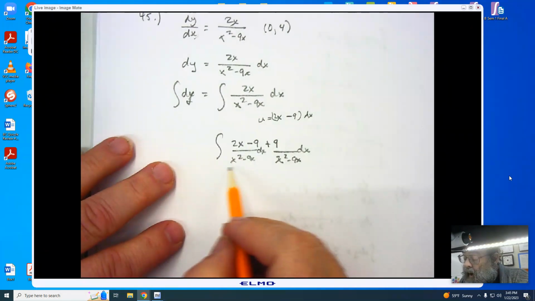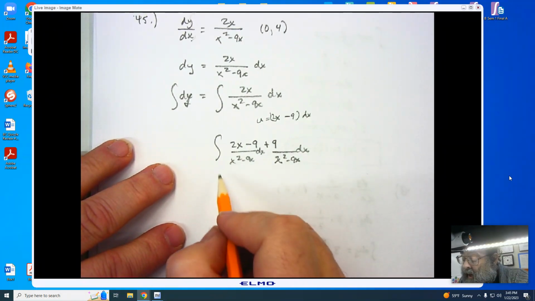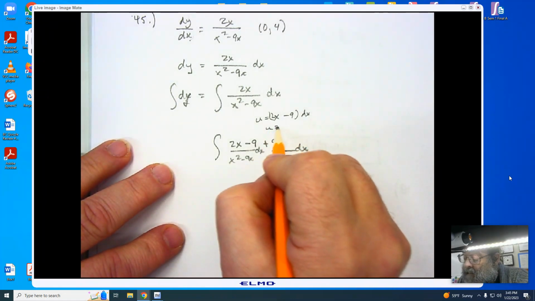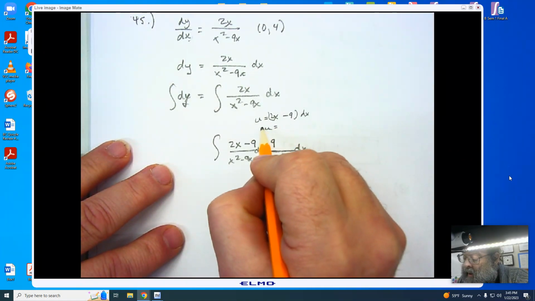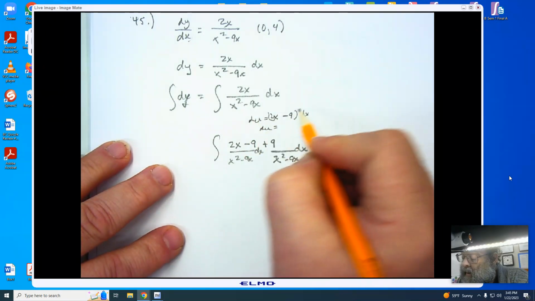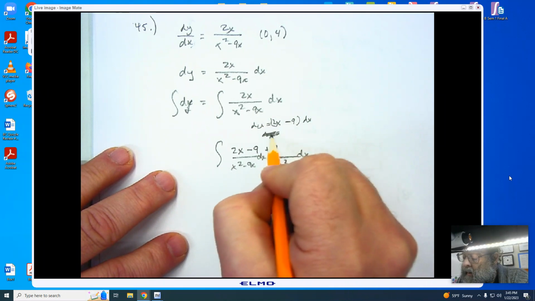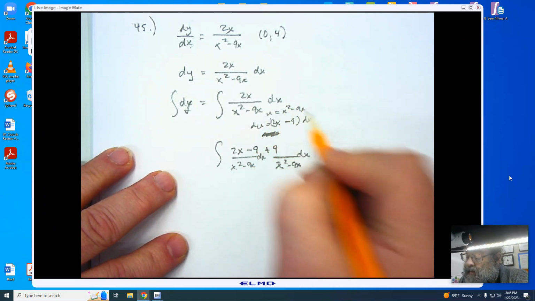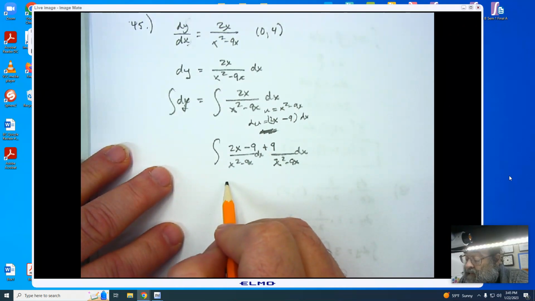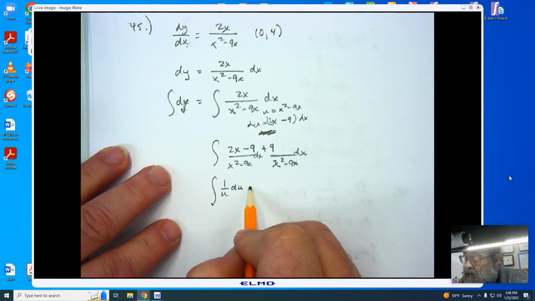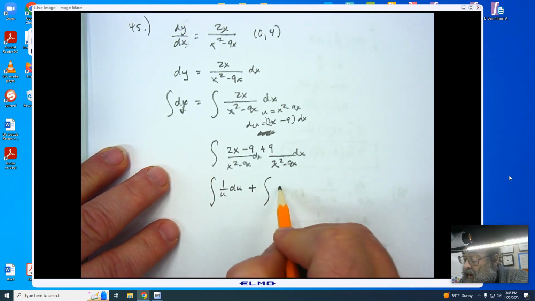So right here, I'm looking at my u sub. That was the whole idea. We now have u, du equals our dx. So our u originally was x squared minus 9x. So I now have 1 over u du, and I just have to deal with this piece right here.